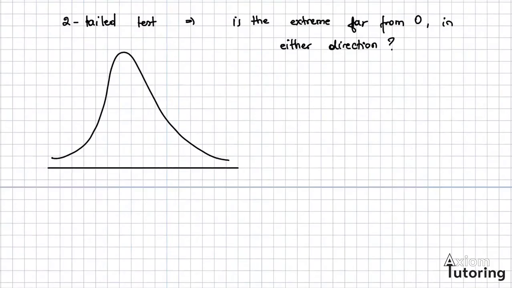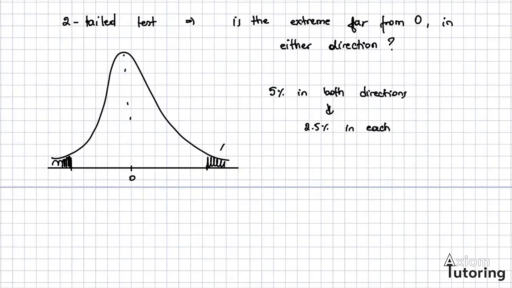So let's assume this is the t-distribution. We've got 0 here. So what I'm saying with the two-tailed at the 5% is that I'm looking in both directions, okay? And that means that if I'm looking at 5% in both directions, I'm also looking at 2.5% in each.